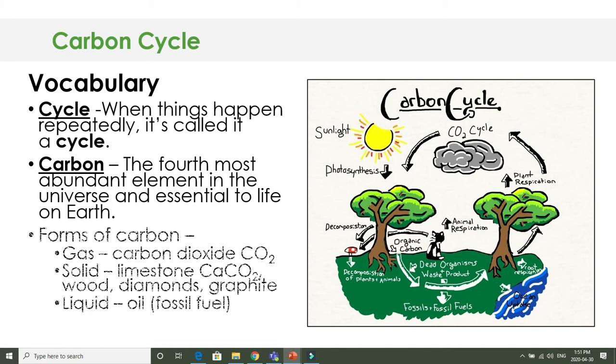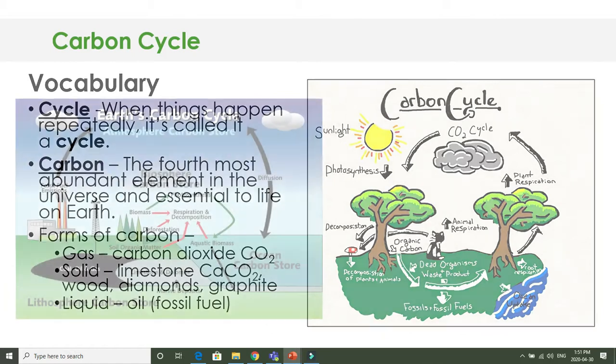Here are different forms of carbon, just as some examples. Gas: carbon dioxide. Solid: limestone, wood, diamonds, graphite, so pencil lead, all carbon. Liquid: oil, which is a fossil fuel. All right, let's keep going.